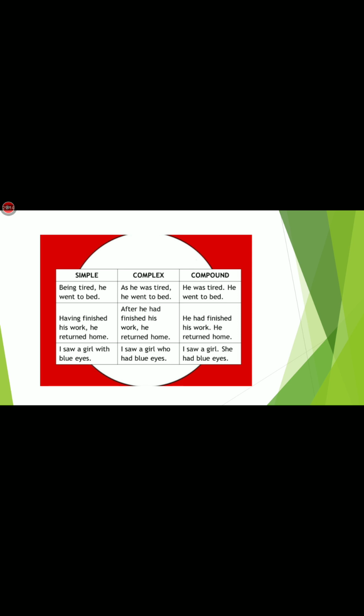So this is a dependent clause, and it is an adjective clause which is describing the girl. In the compound sentence, what will happen? I saw a girl, she had blue eyes. How are you going to join the two? With the help of and. I saw a girl and she had blue eyes.